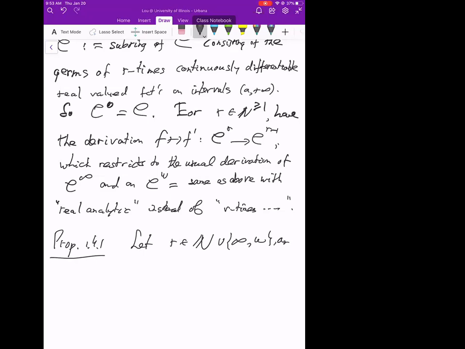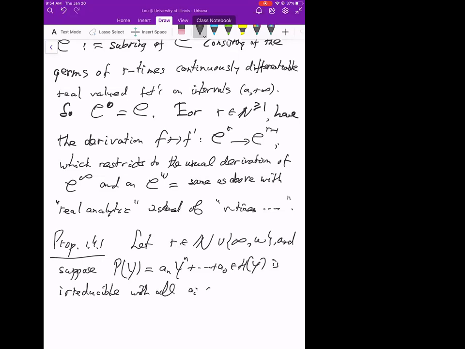And suppose again my polynomial as before is irreducible, but now I'm assuming that the coefficient germs a_i are in C^R.